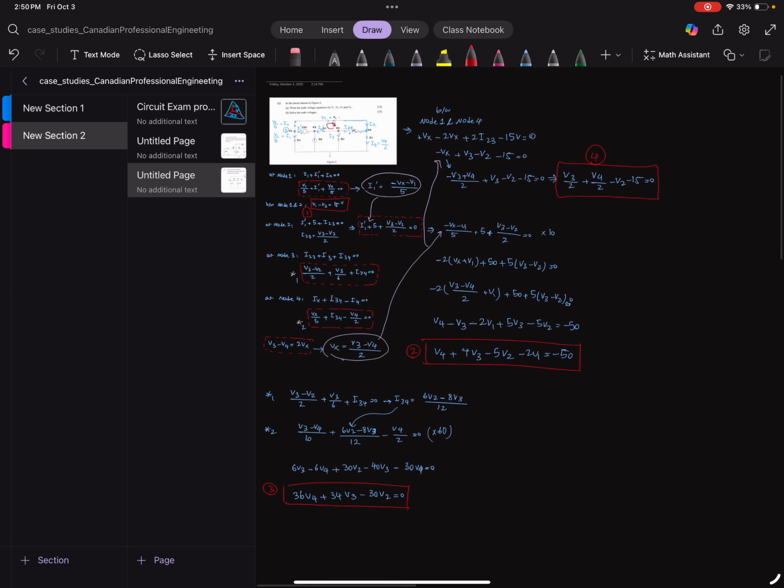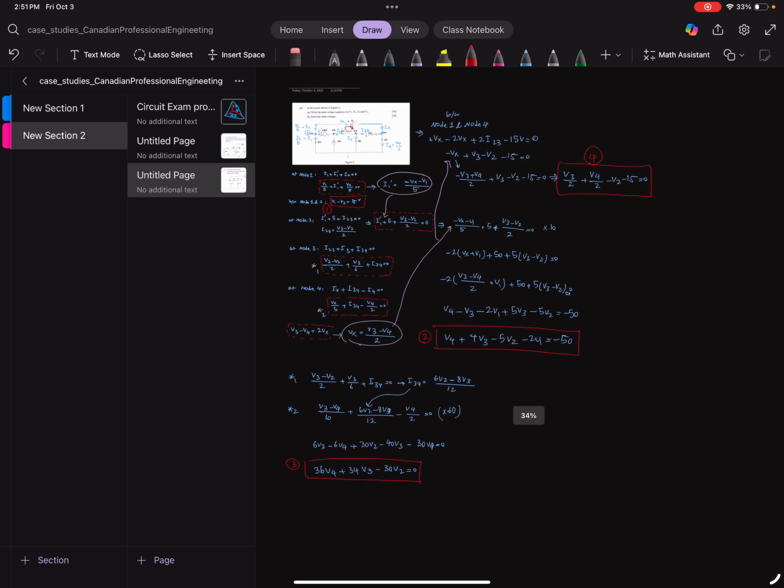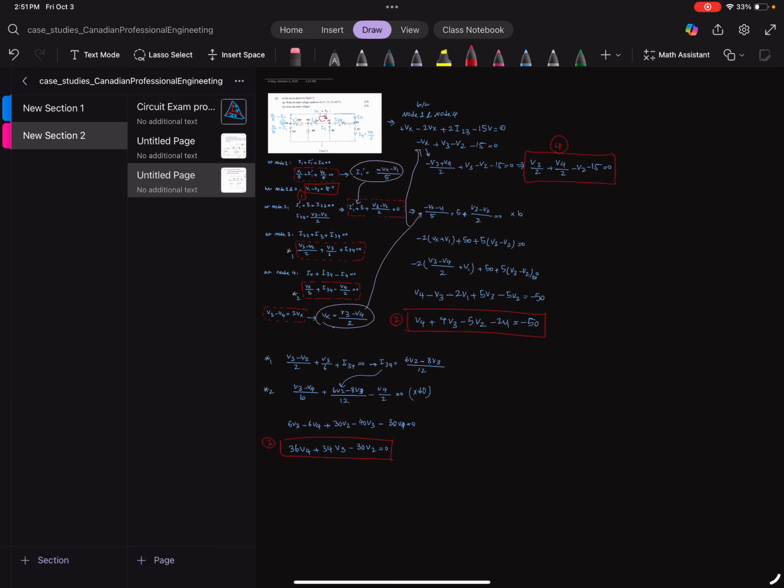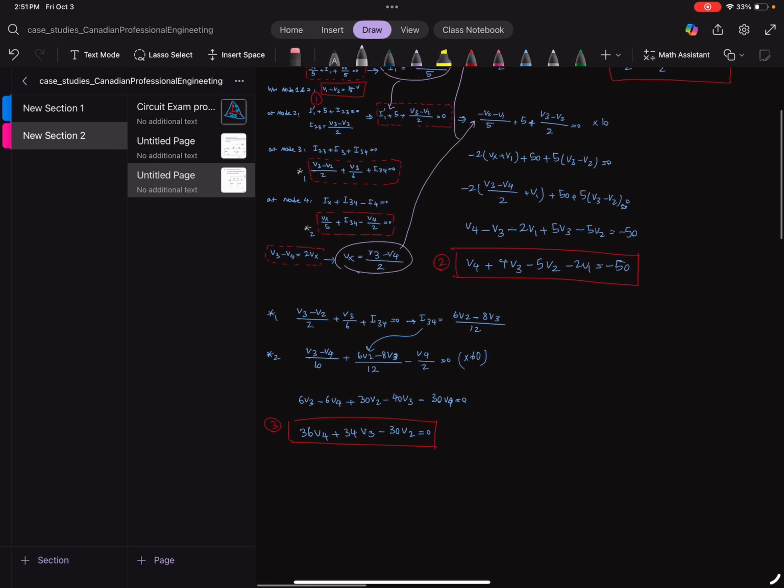Okay? Now we have to go by omission, right? So we have one equation that relates V3, V4, V2. We have another one here. And if we can replace V1 here, then by the equation in 1, then we're good. But first, let me rewrite all of our equations.